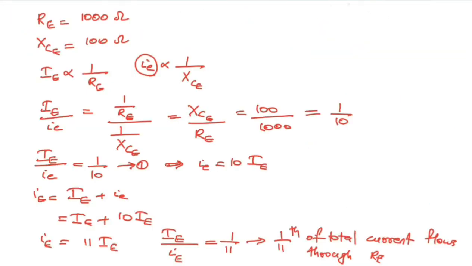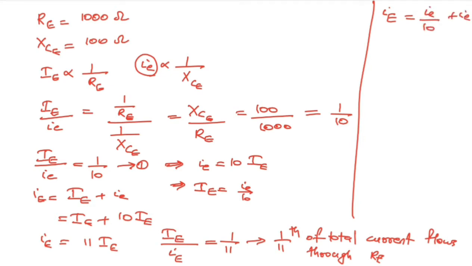Next we can find out the contribution of small i. For that, we can substitute the value of capital I. From equation 1 it can also be written as capital I is equal to small i by 10. So the total current is small i by 10 plus small i. So that is equal to 11 small i by 10.